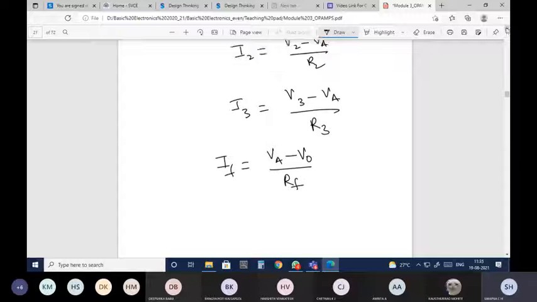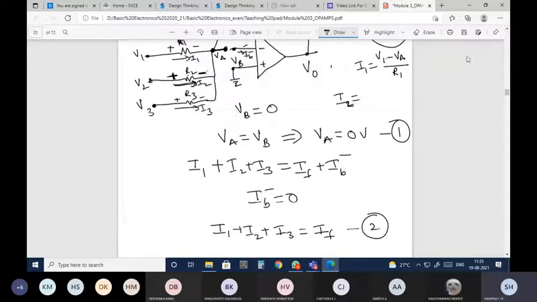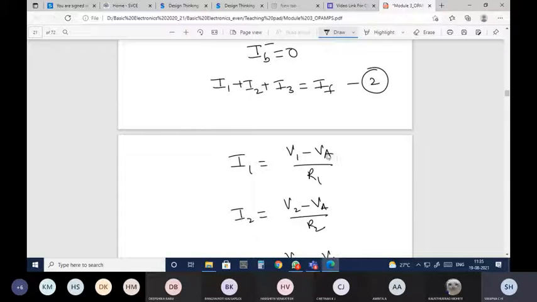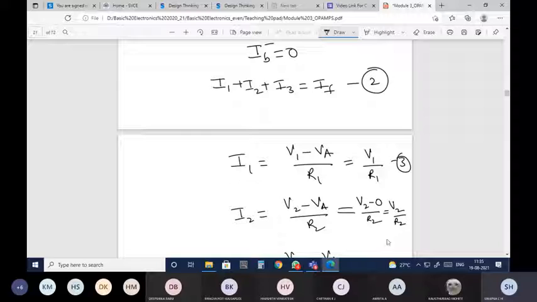Okay, now what I'll do, I'll substitute the VA value. VA I've got as 0 volts. So since VA is equal to 0, V1 minus 0 by R1 is nothing but V1 by R1. This I'll name as equation 3. V2 minus 0 divided by R2 is nothing but V2 by R2. This I'll name as equation 4.